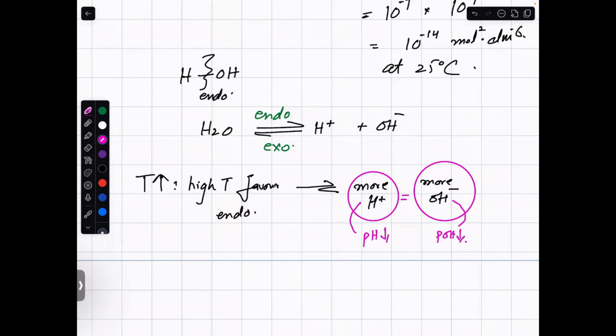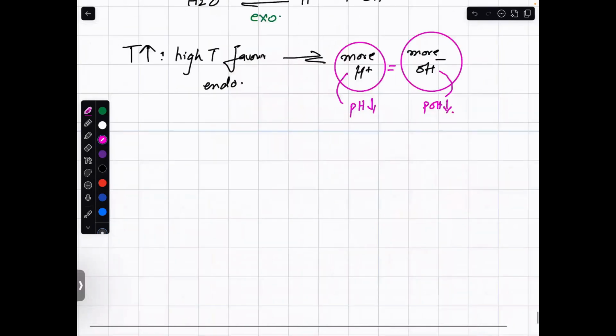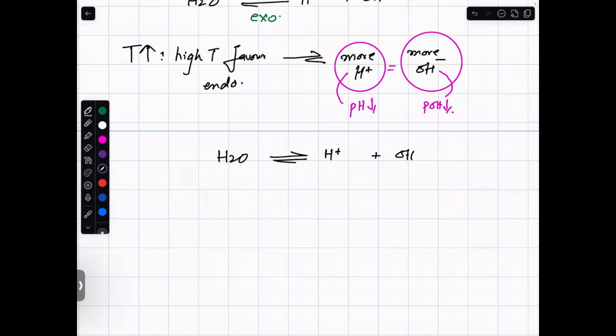Right? For example, listen. At 25 degrees Celsius, it's 10 power minus 7 and minus 7.